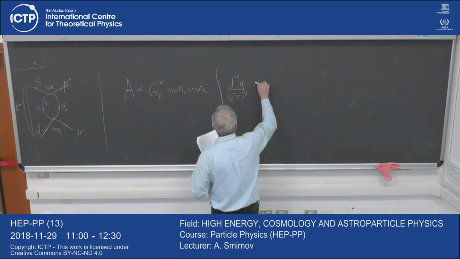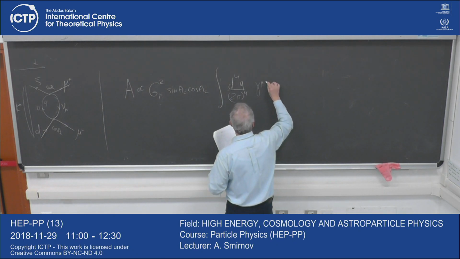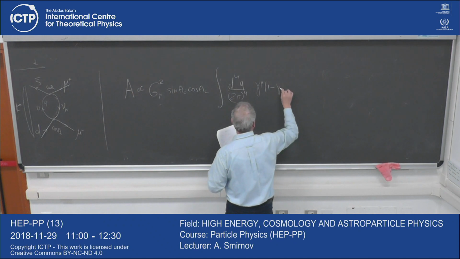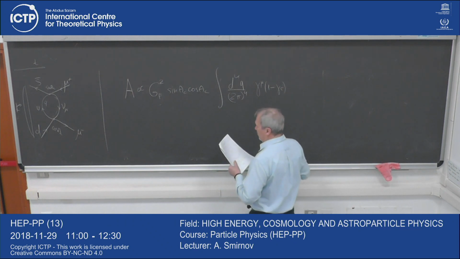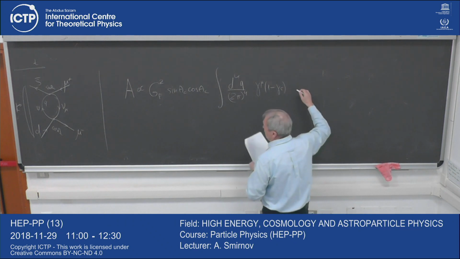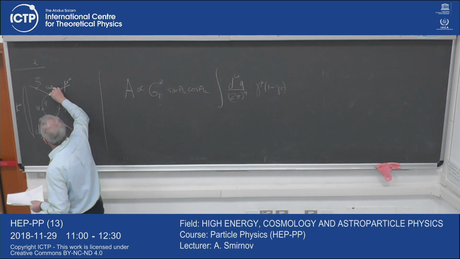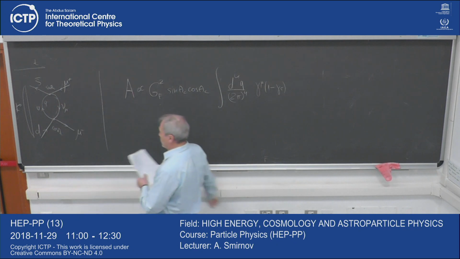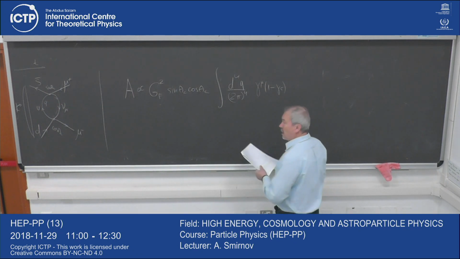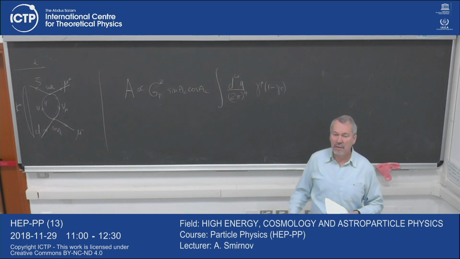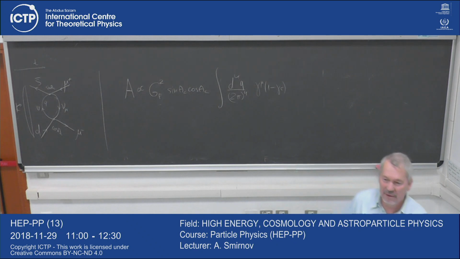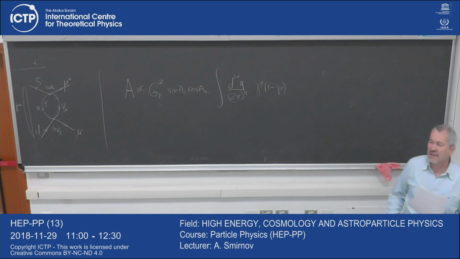What appears here is the vertex, which is gamma mu (1 minus gamma 5). That's what comes in from the vertex. Then it will be a propagator of the u quark, so I'm moving from this vertex in this direction. Then I need to write the propagator of the u quark. Have you studied propagators? Well, at least propagators, no? Or Green functions.